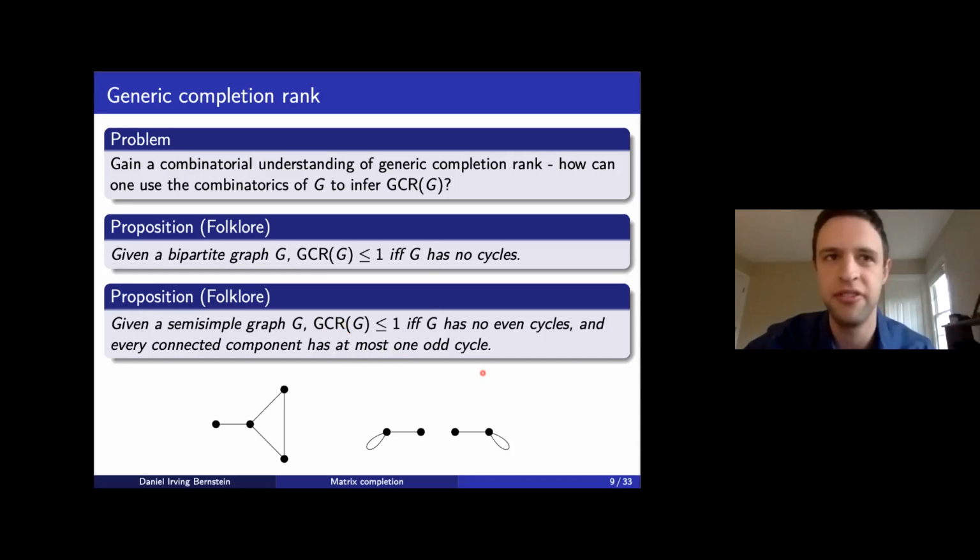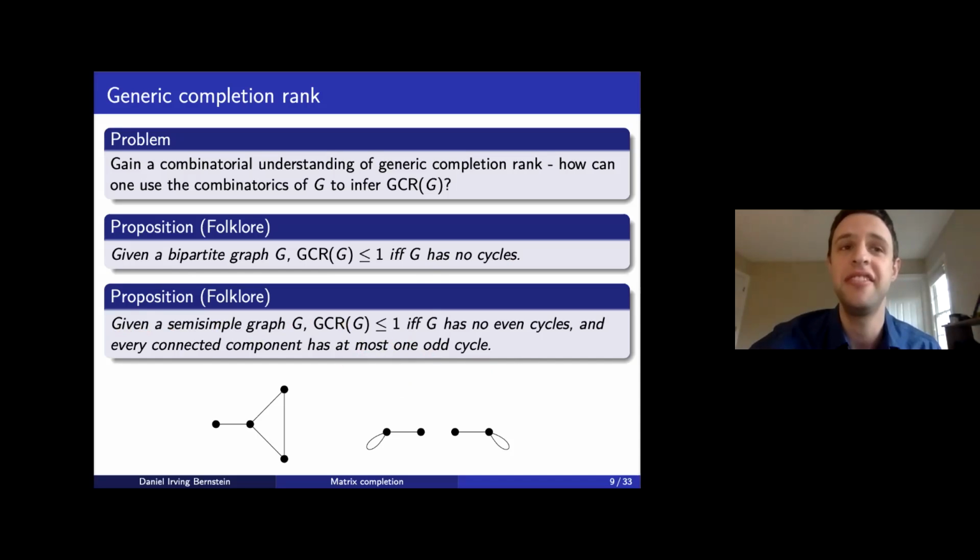There's a similar characterization in the symmetric setting. Given a semi-simple graph, the generic completion rank is at most 1 if and only if it has no even cycle, and every connected component has at most 1 odd cycle.